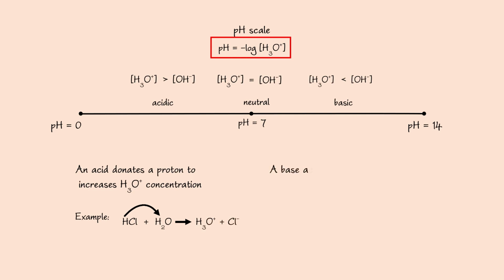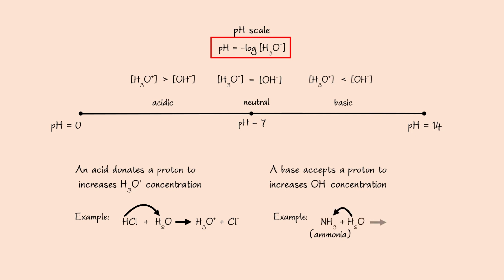A base, on the other hand, accepts a proton to increase the hydroxide concentration. This increases the pH. An example of a base is ammonia, NH3, which extracts a proton from water to form ammonium, NH4+, and hydroxide.